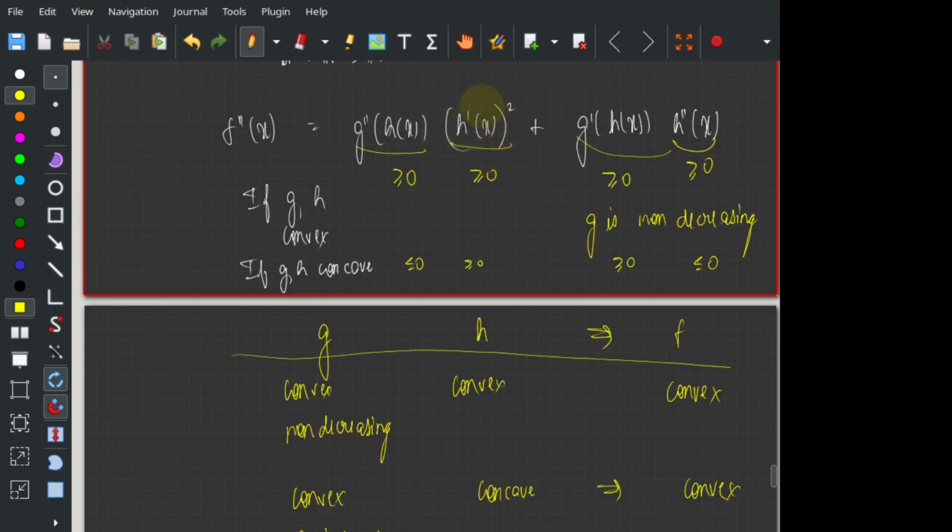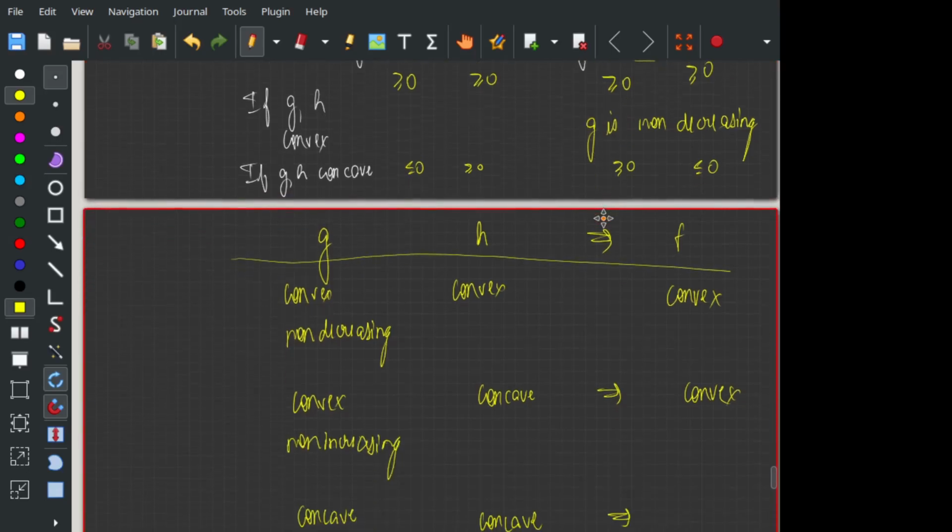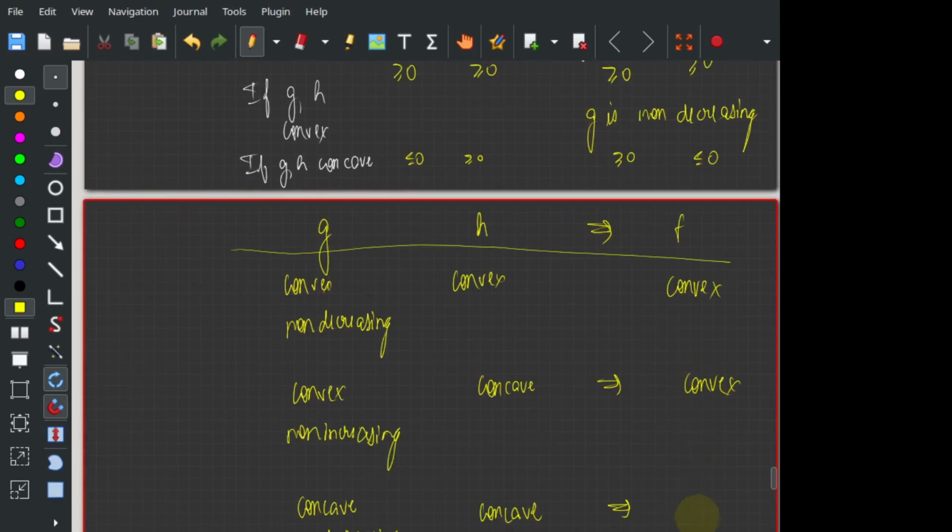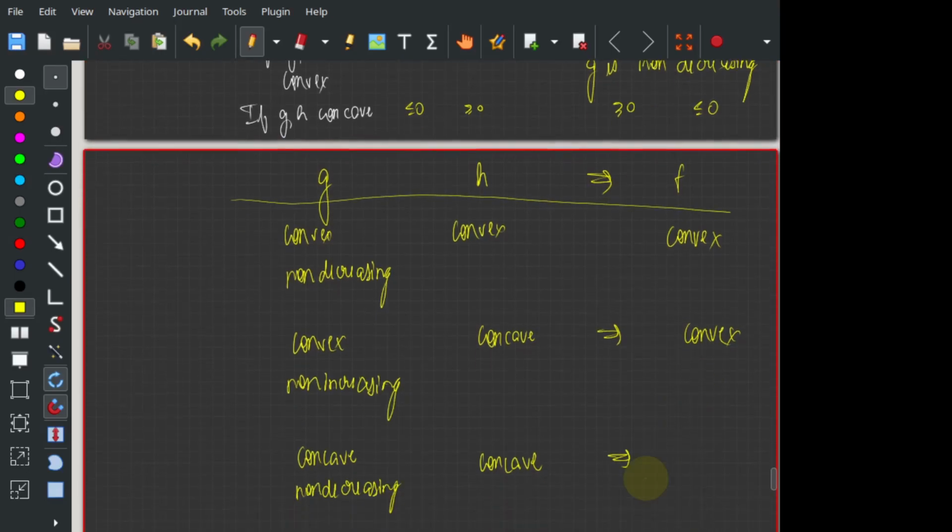This quantity is greater than or equal to 0. g prime is greater than or equal to 0. And h double prime is less than or equal to 0. Yeah? How? With these conditions?